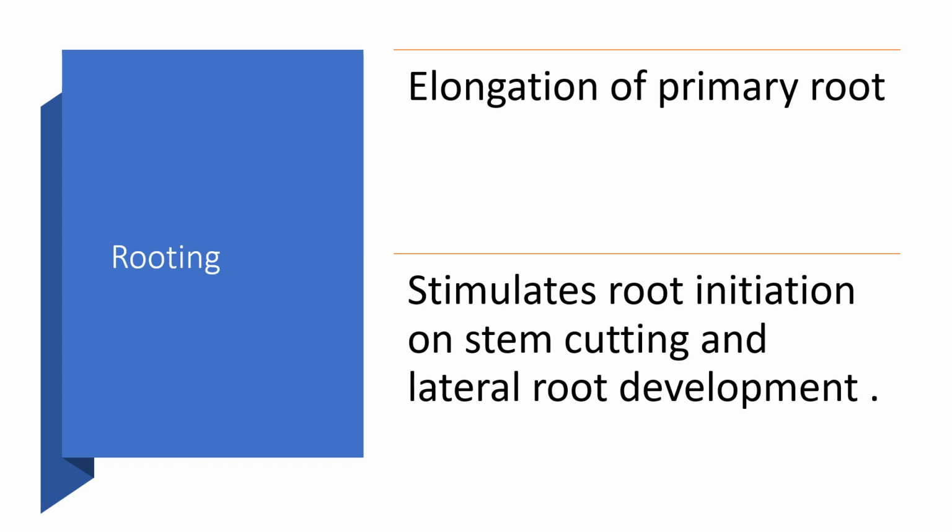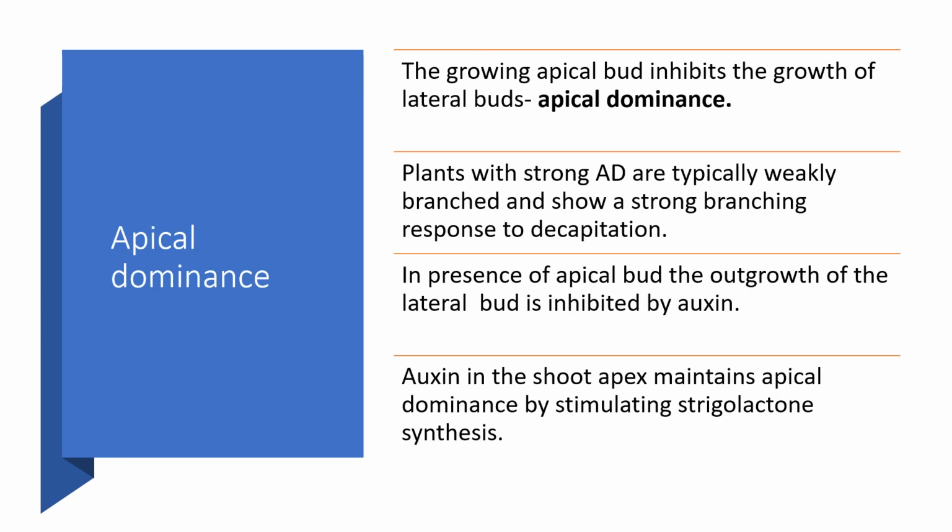Lateral roots are commonly found above the root hair zone and originate from cells in the pericycle. Auxins stimulate these pericycle cells to divide, and the dividing cells gradually give rise to the lateral root. So this is how the process of rooting goes.